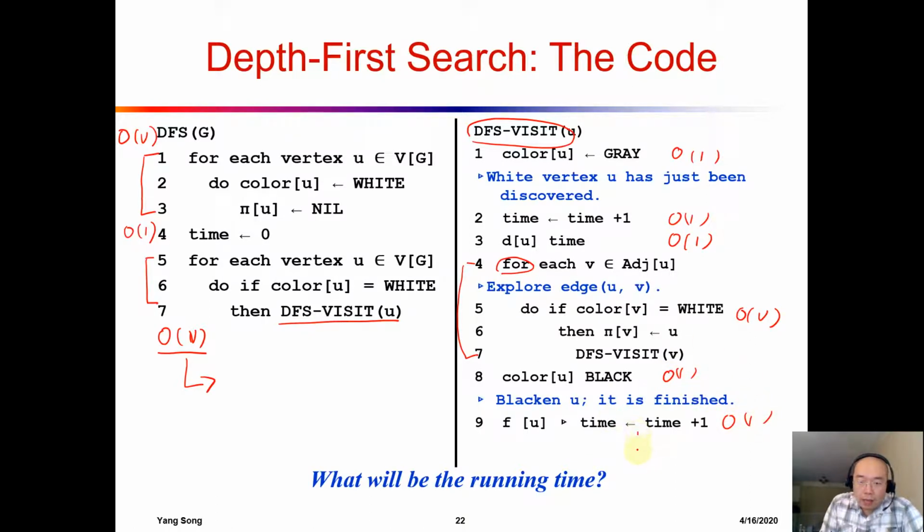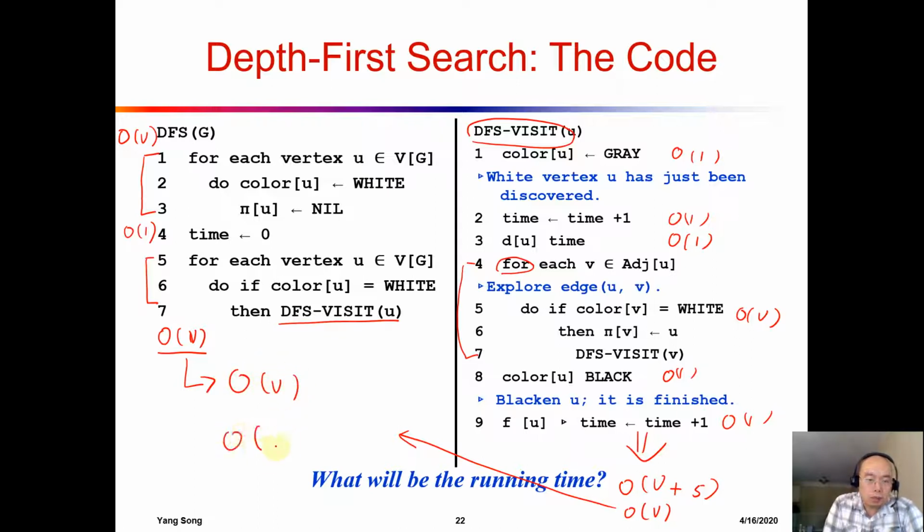So if we add everything together on the right side, we will have an O(V), and then plus 5, which will give us an O(V), right? So if we move this O(V) to here, this is an O(V) inside another O(V), so we will have O(V squared), and then plus O(1), and then here we also have an O(V). So O(V) plus O(V squared) plus O(1) will give us O(V squared).